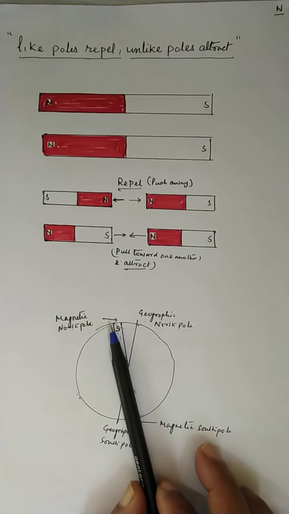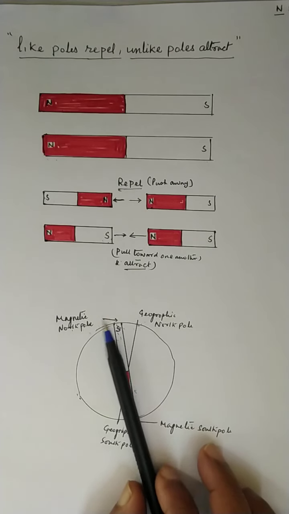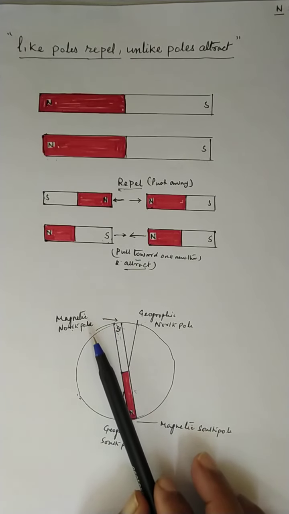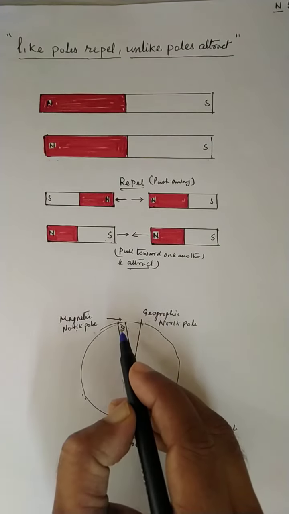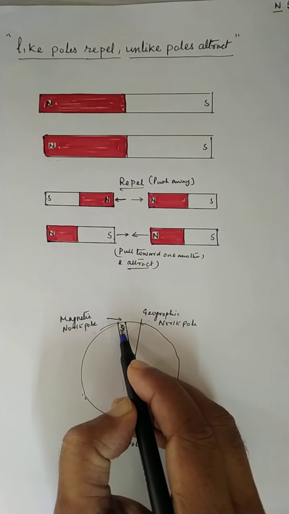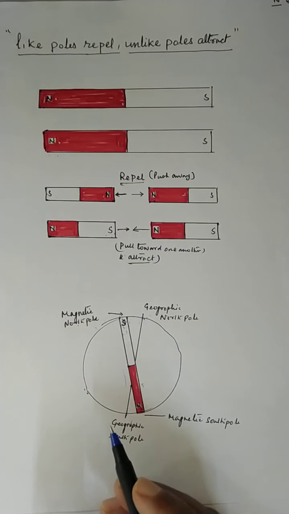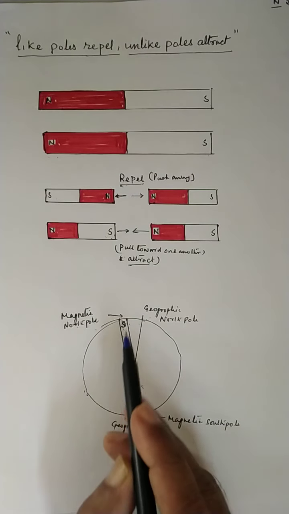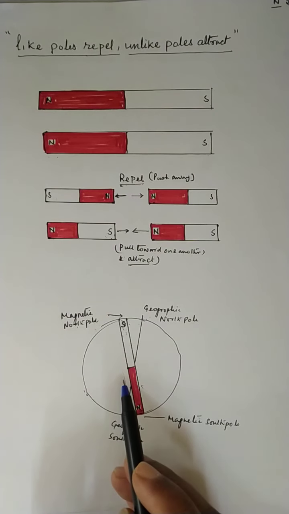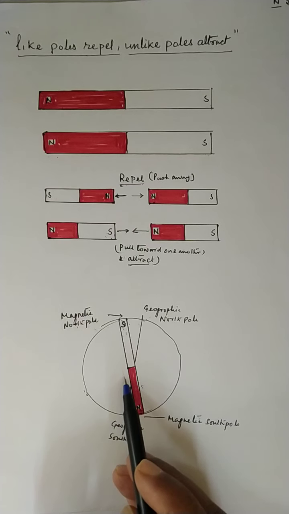Why does it happen? This is a very important question. The answer is very simple. Earth's magnetic north pole is actually the south pole of the magnet inside the Earth.